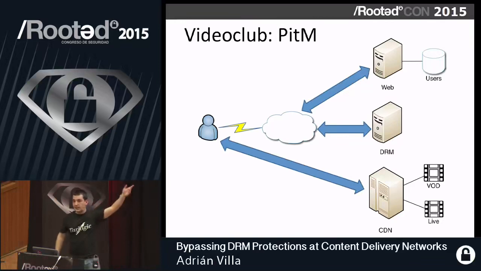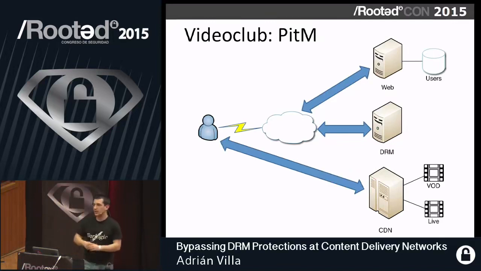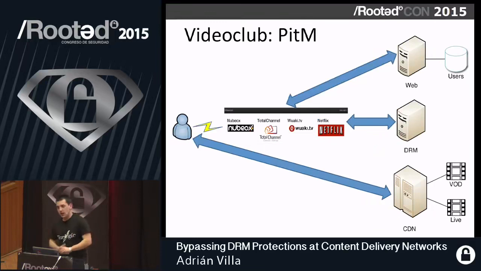So you remember this architecture? We had the client, he's got web, then DRM, CDN, and then the video is exchanged through the CDN. So we thought about a platform in the middle, because we were talking at the time about man in the middle, platform in the middle. That is the name that we gave to our platform.